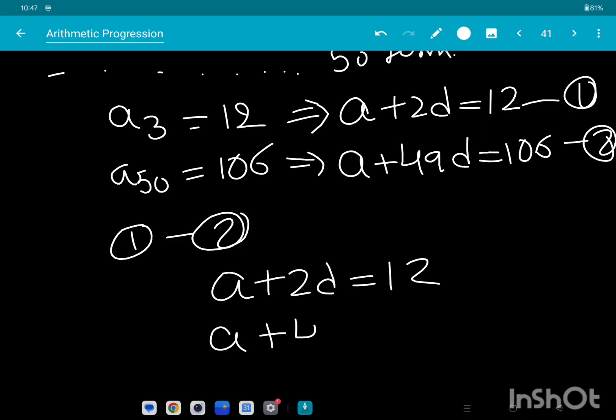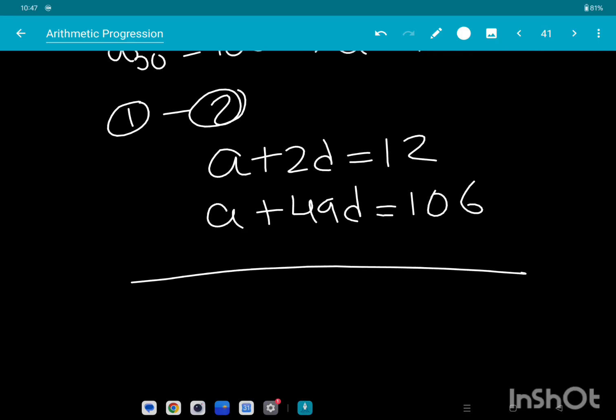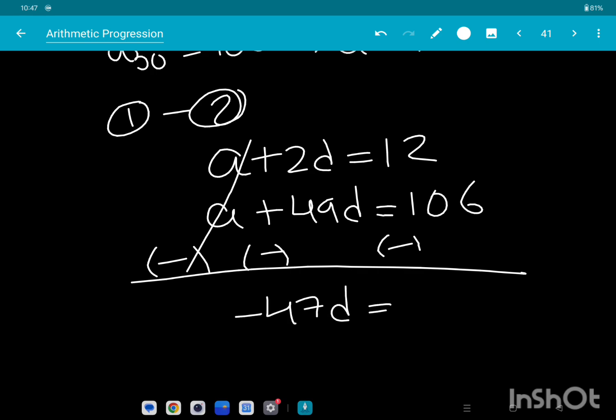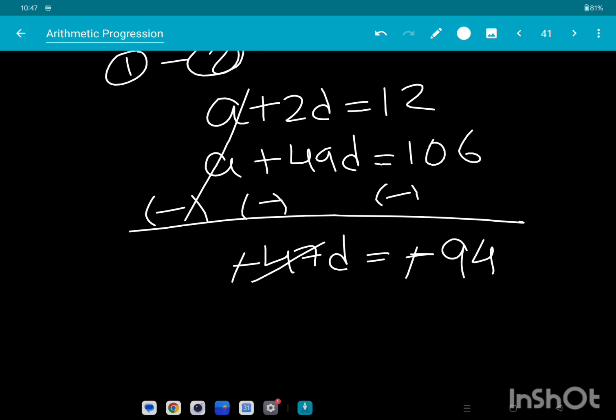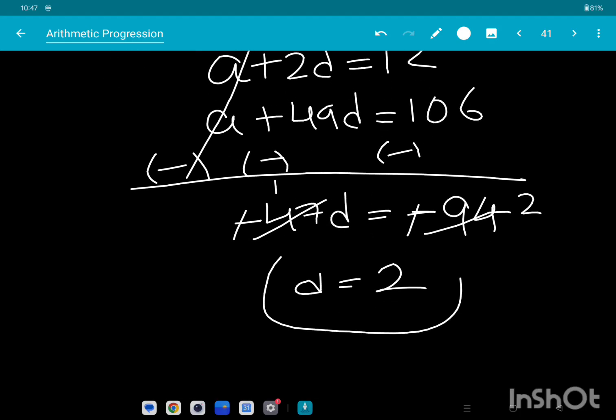A plus 49D is equal to 106. Minus, minus, minus, this will be cancelled and I will get minus 47D is equal to minus 94. Here minus minus cancel. 47 ones are 47, twos are 94, right? So D is equal to 2. So the D value is 2.